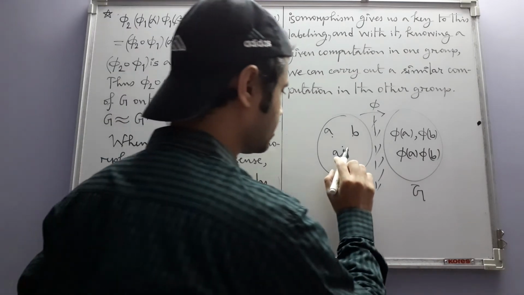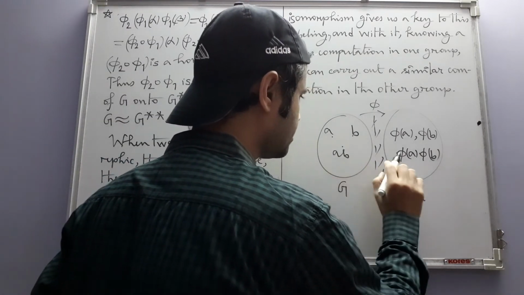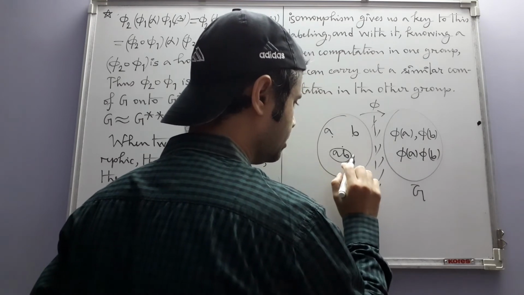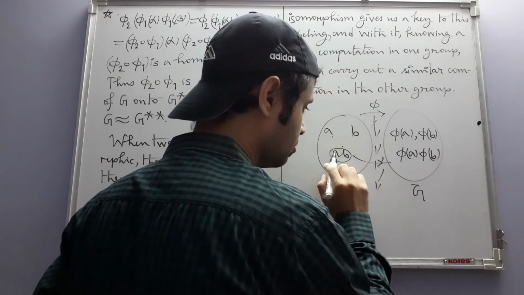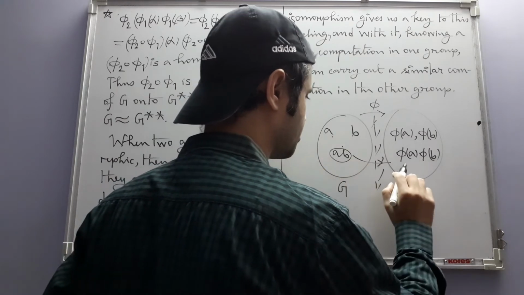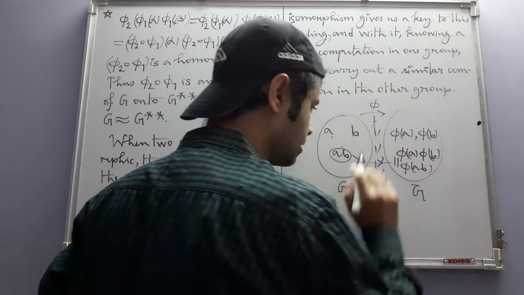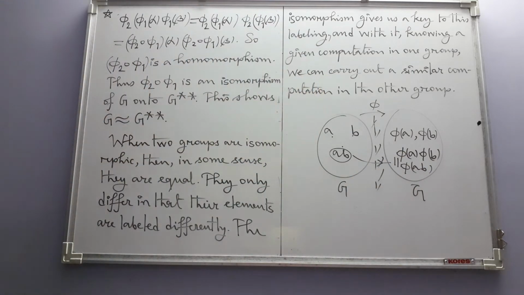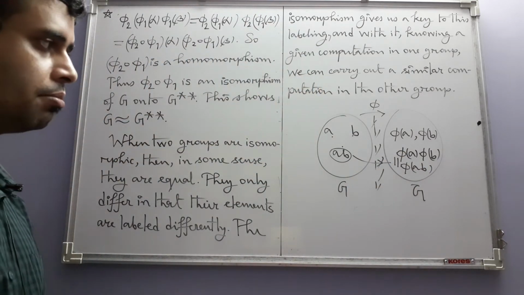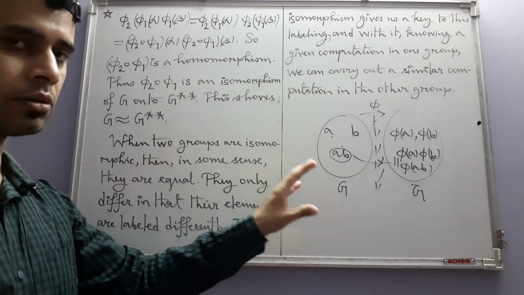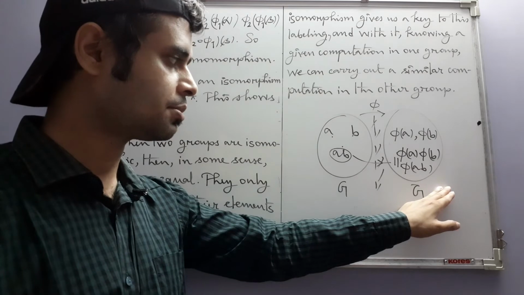Homomorphism says that if instead of calculating the product here, you calculate the product here and then you look at the mirror image of this product, then these two things are equal. Isomorphism makes this even more equal in the sense that in a homomorphism, some elements may be missed.